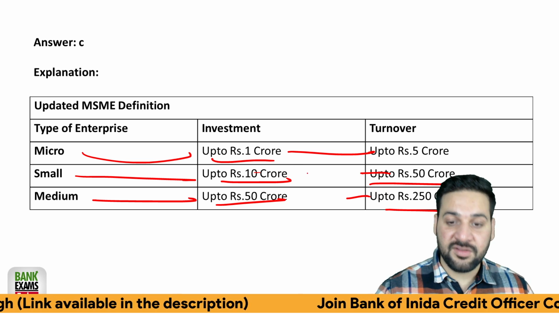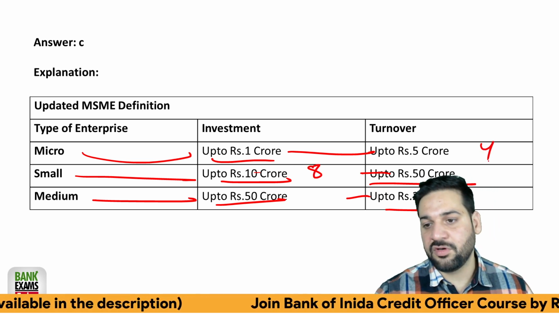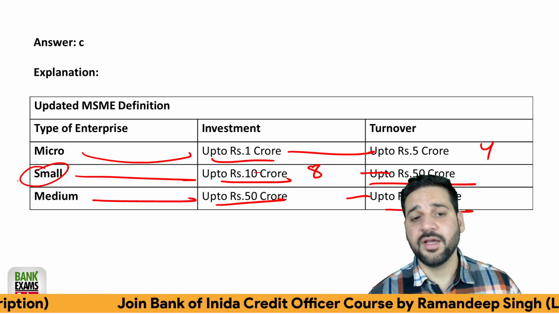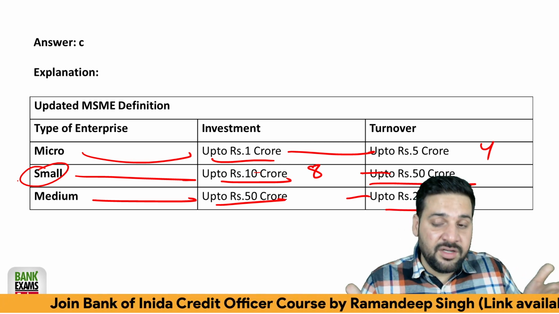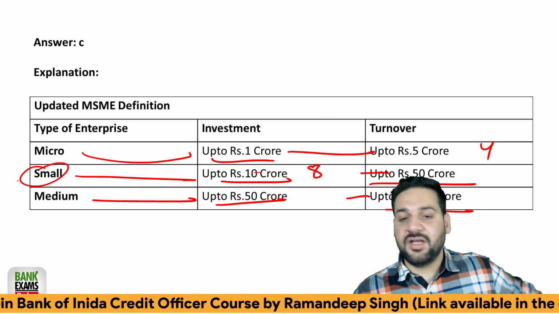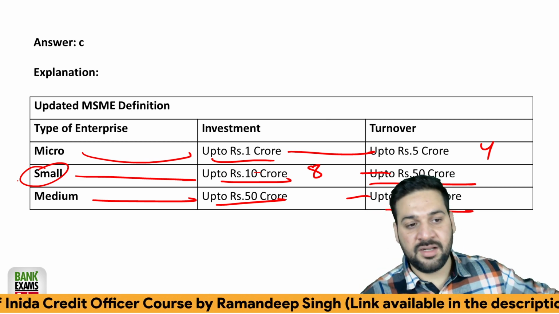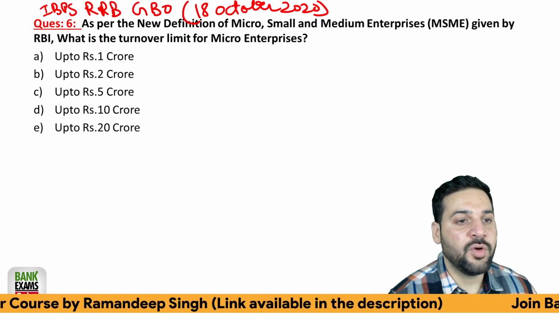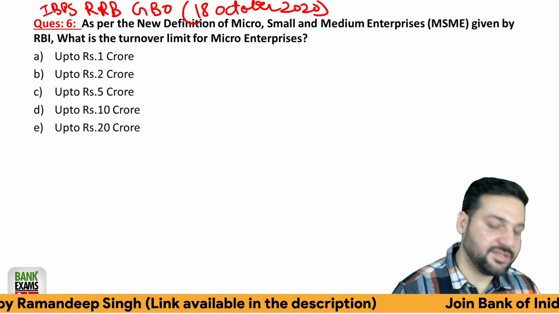If the investment is let's say 8 crore, turnover is 4 crore, ठीक है, that is small enterprise. Okay, even if one limit is crossed, that is considered to be the next level of enterprise, ठीक है. So here what is the answer? C is the correct answer, ठीक है.